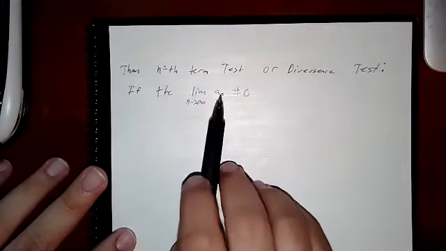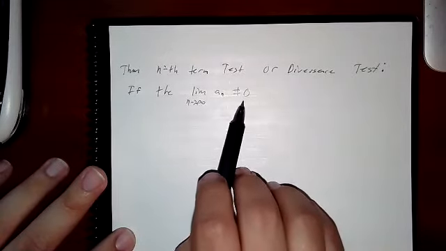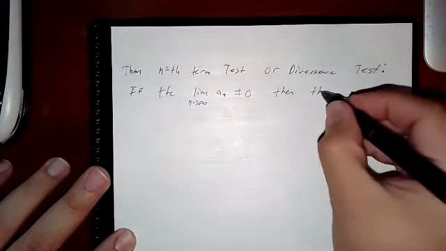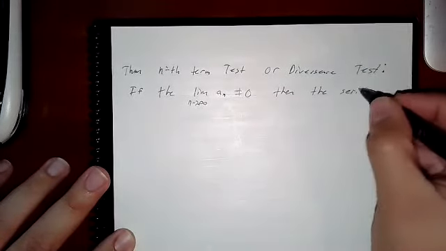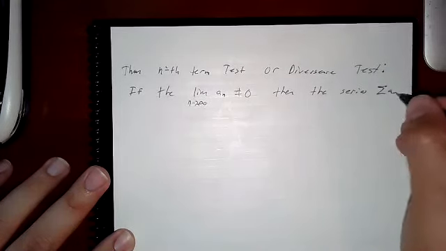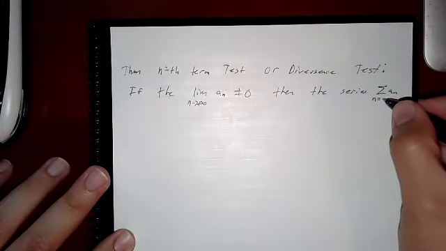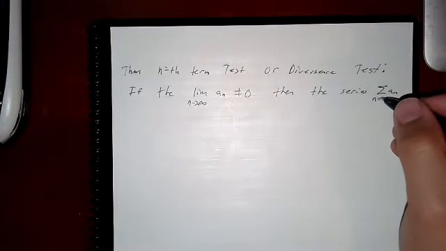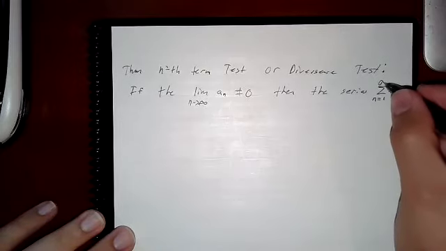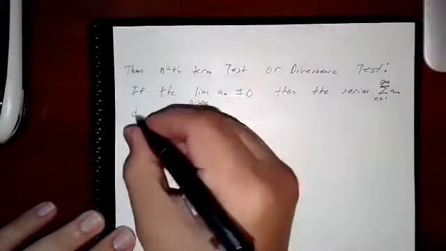If the limit of the sequence of a sub n is not 0, then the series of that sequence, the sum of that sequence, n equals 1 is fine, then the series diverges.